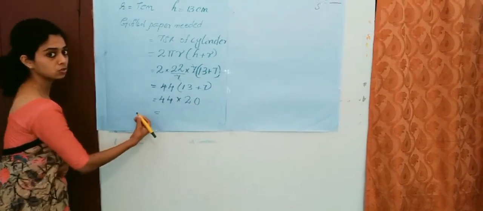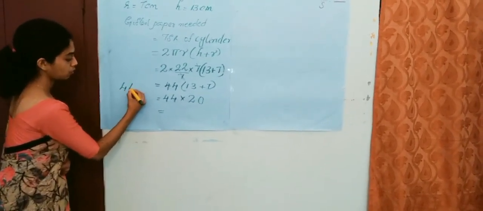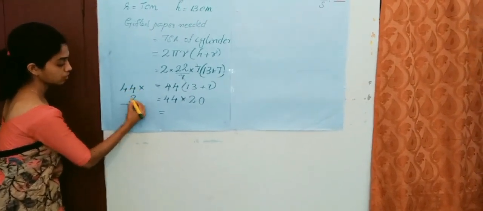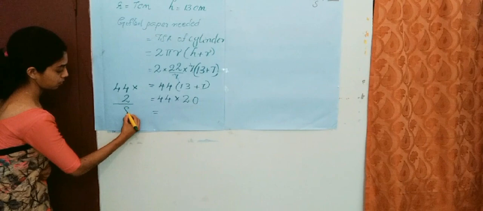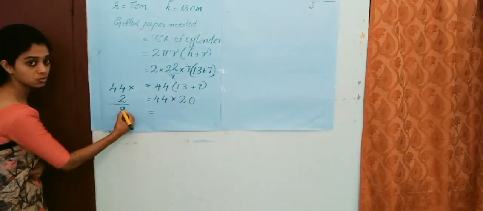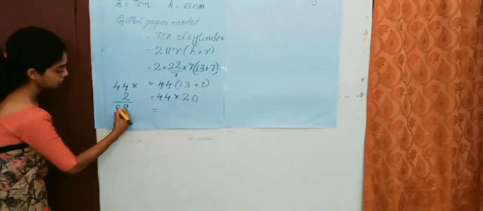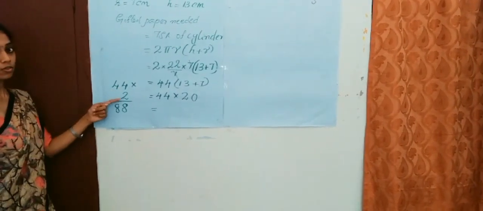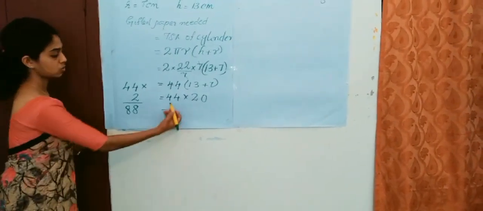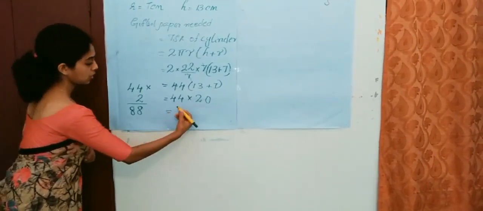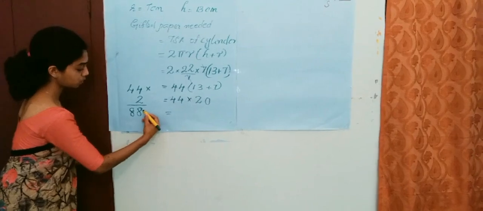For that, we want to multiply 44 with 2. That is 4 into 2, which is 8, so we write 8 here. Now what is 4 into 2 here? It is also 8. So we have obtained 44 into 2 as 88. So what is 44 into 20? In order to get the answer, we put a 0 here.